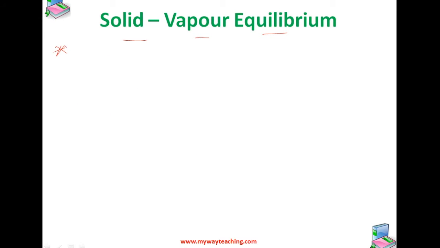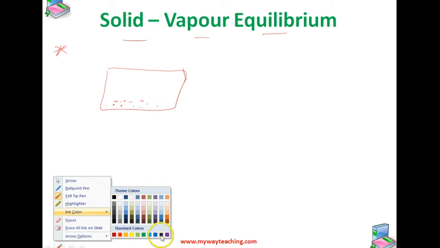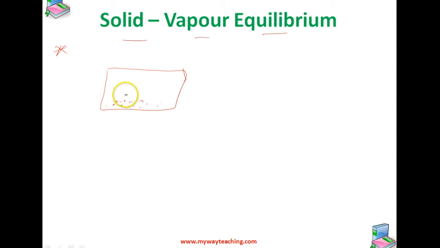Consider the container, one container with solid iodine in a closed vessel. These are the iodine we are considering. What happens if you place solid iodine in a closed vessel?